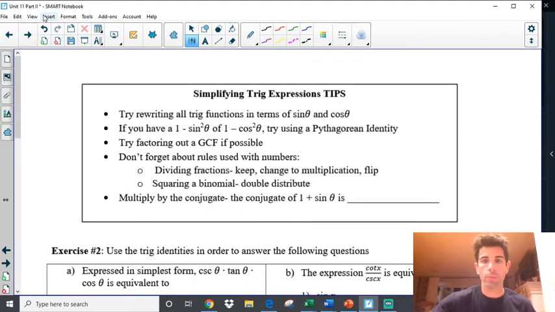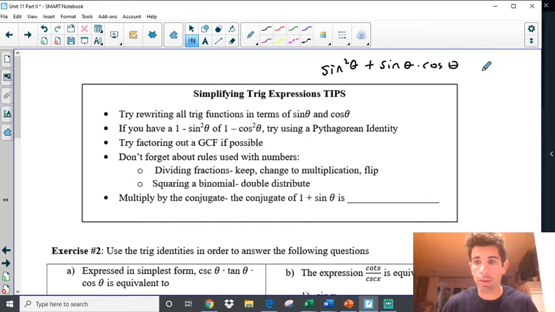Here are some good tips that you should take note of. Make sure that you're familiar with these tips. Writing, again, trying to get sines and cosines. Remember that sine squared theta plus cosine squared theta equals 1 can be converted into here. Sometimes you might have to do GCF, like if you had, say, sine squared theta plus sine theta times cosine theta, right?